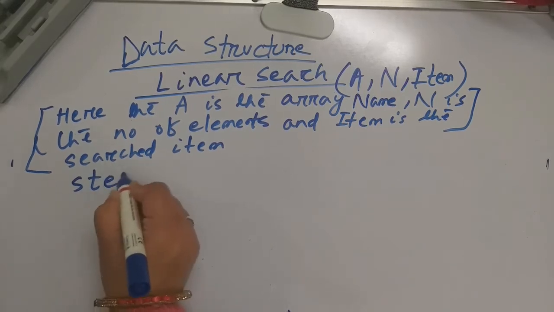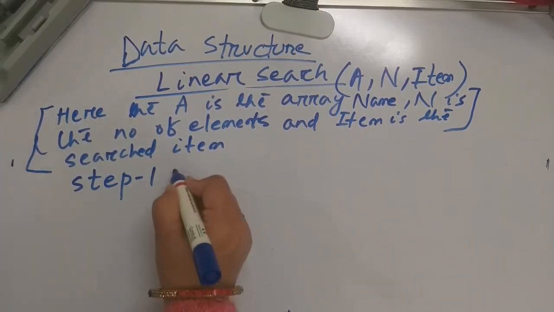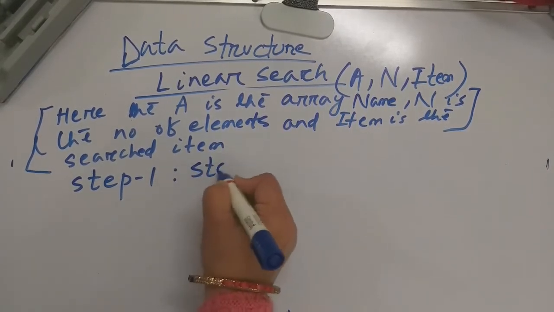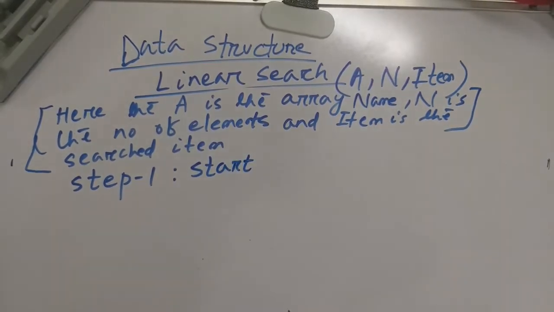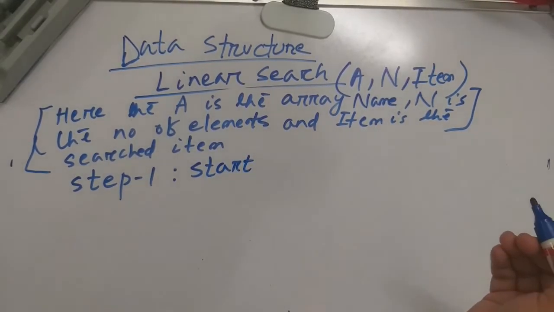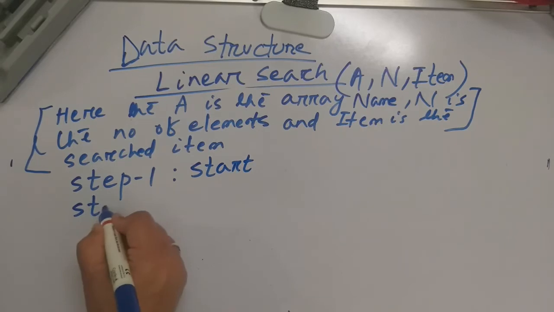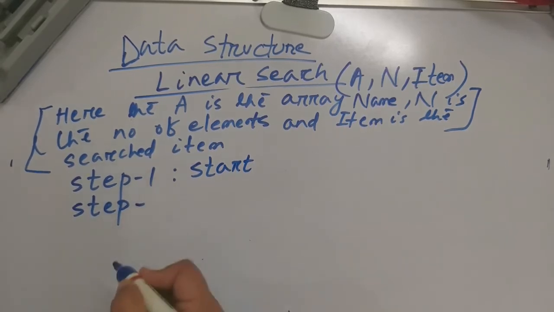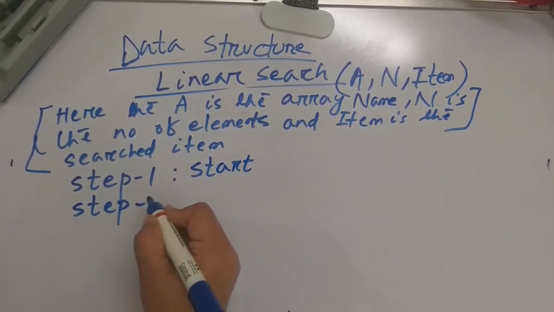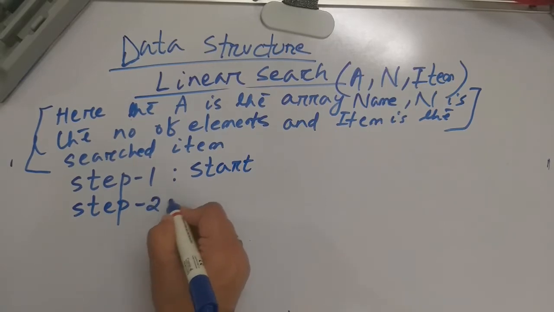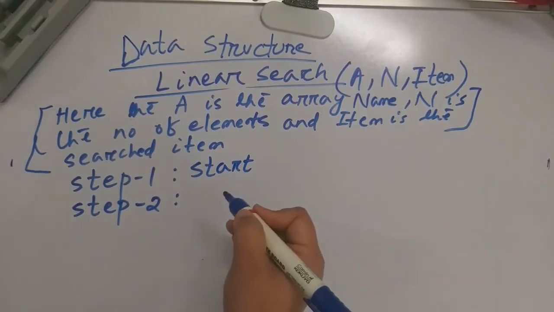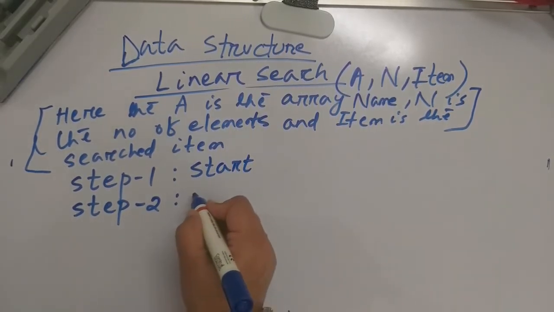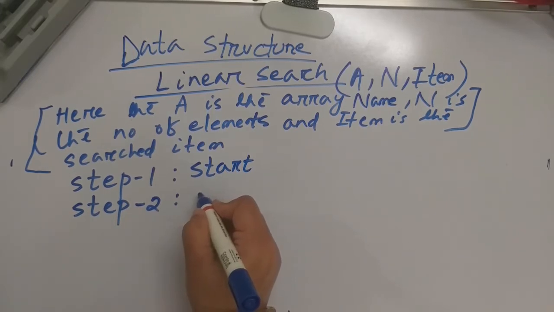Okay, so in step 1 we write start, because in each and every algorithm we write start and stop, or start and exit, whatever it may be. Okay, so start. Then step 2 is initialization.